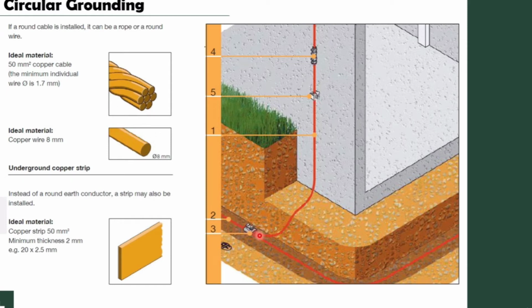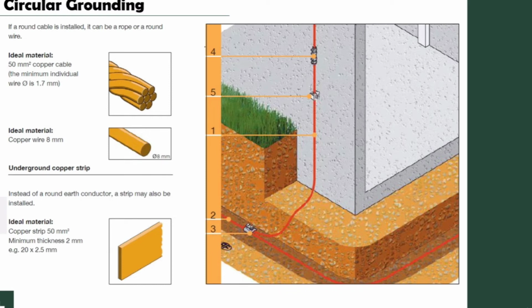After that I make a loop with this bare copper wire around the building, and I can add copper rods to this loop to enhance the resistance value. And after that I can take a conductor to the main grounding busbar or distribution panel to distribute the earthing conductors for all equipment.